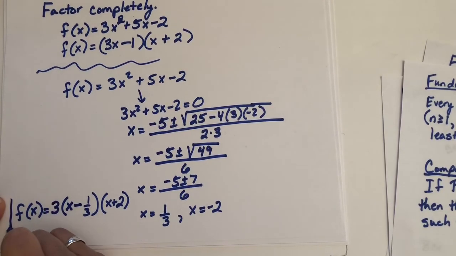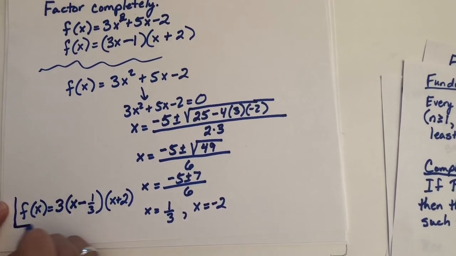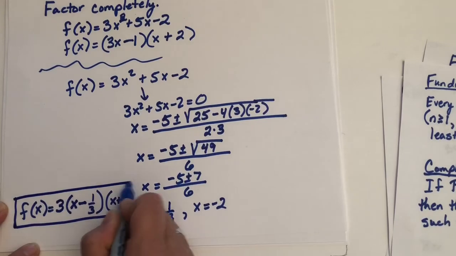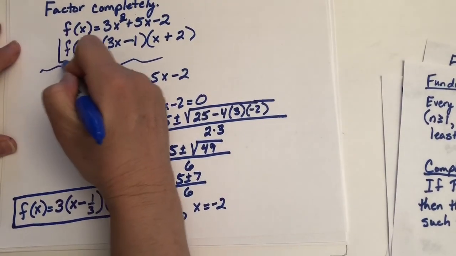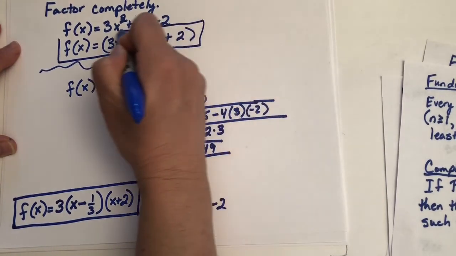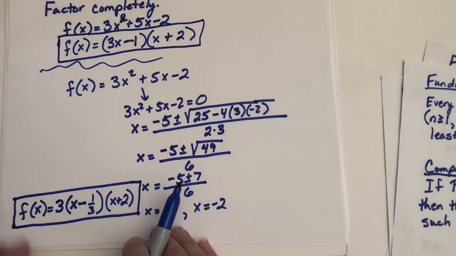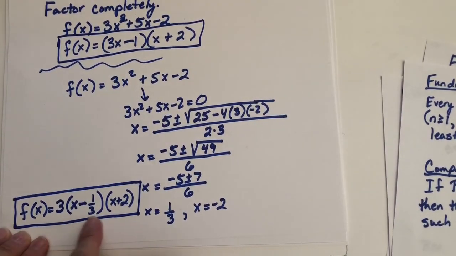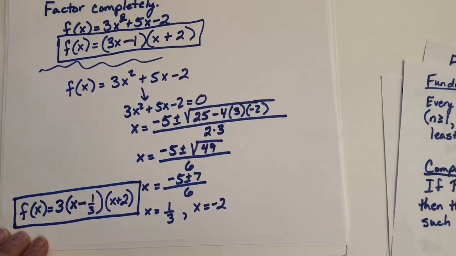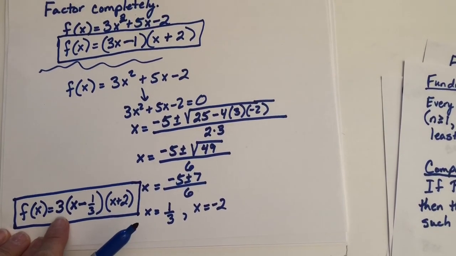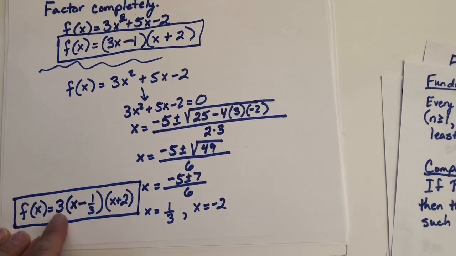So you could present your factorization this way. It is completely factored. Or it could be presented this way. And notice if you distribute the 3 into this binomial, you would in fact get that factor. So those are completely equivalent. I just wanted you to see that because people often forget about considering this constant up front.